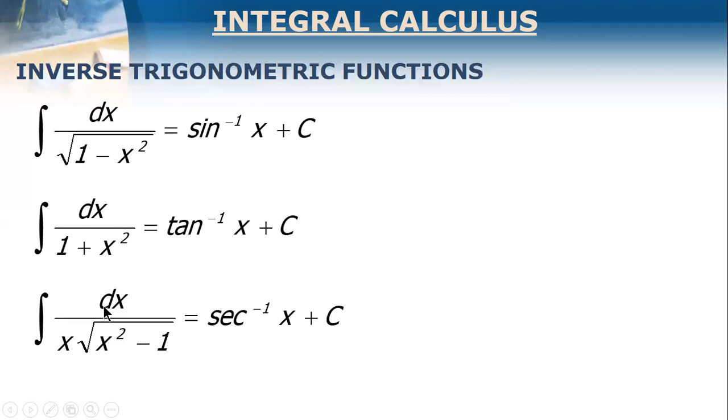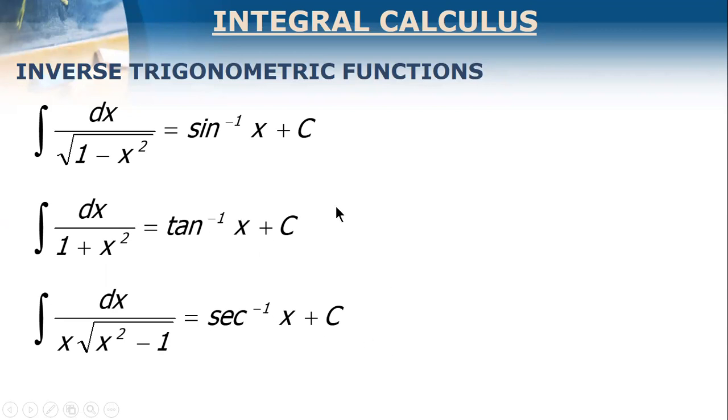And the third one is integral of dx over, if we have x outside the radical sign, and then inside the radical sign, or the radicand, the first term is x and the second term is a constant. Then the antiderivative is arc secant of x plus c.